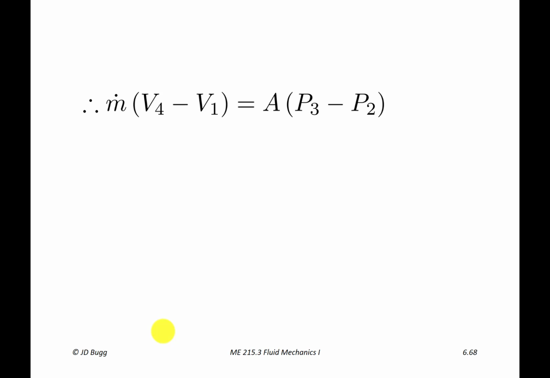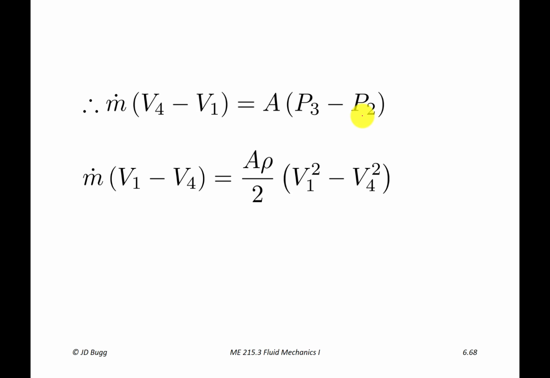So linear momentum equation applied twice yields these two results. So we can equate these because those reaction forces are the same thing. And this momentum change then is equal to the area times this pressure change. So this is what the momentum equation tells us about the pressure difference and the velocity change. Now next, we're substituting in for this pressure change the result we got from Bernoulli's equation.